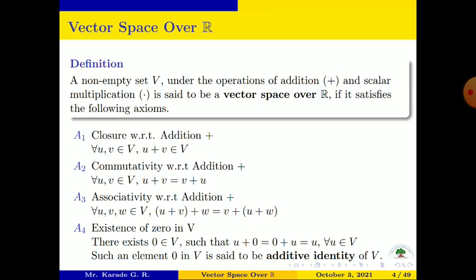Such an element 0 in V is said to be an additive identity of V. If that 0 satisfies this condition, it is called the additive identity of V. So the additive identity must be in V.